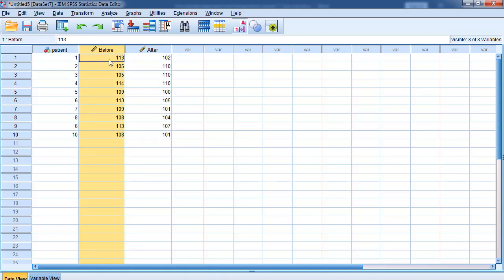Then we have to set up the hypothesis for this one sample t-test. Here we have to state the hypothesis. Null hypothesis: there is no difference between sample mean and population mean, or the sample mean will be equivalent to the population mean, which is x bar equal mu.